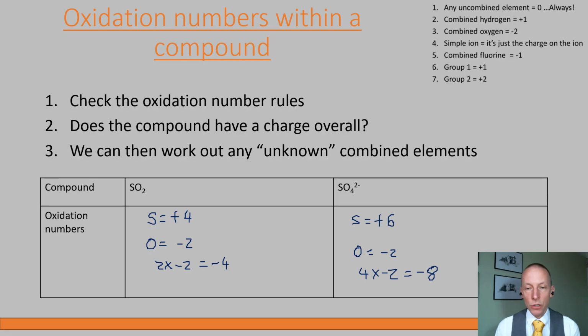So +6 for the sulfur, and it's good practice when you're writing these out in various equations to write them over the top. The +6 for the sulfur is partially balanced out by the -2 that's associated with the oxygen. We've got 4 oxygens, so overall we have that charge of 2-.